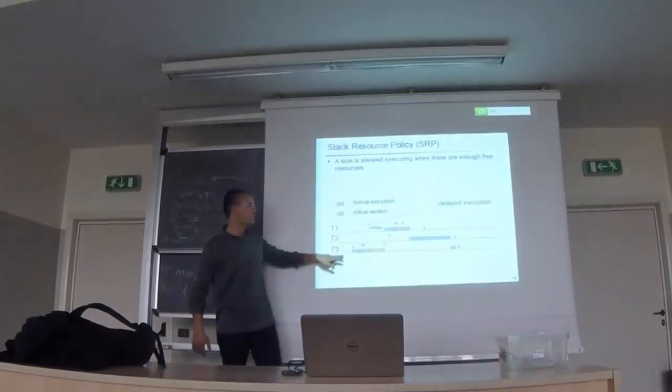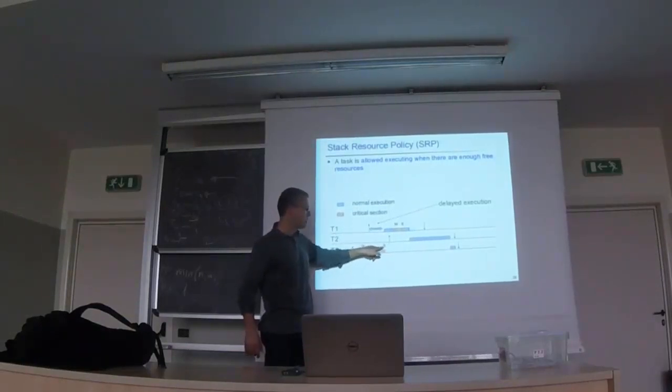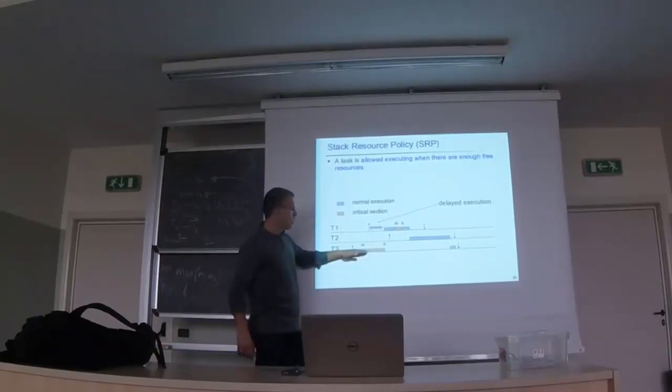So here, priority is raised at this preemption request. I can keep executing, I release the resource, and only then I lower my priority back. Where do I raise my priority?